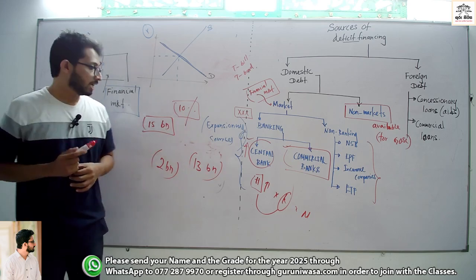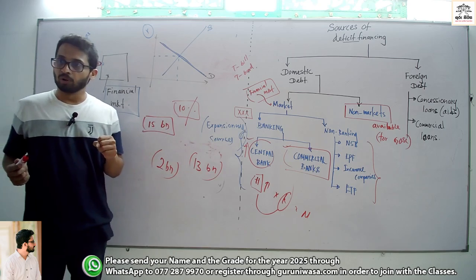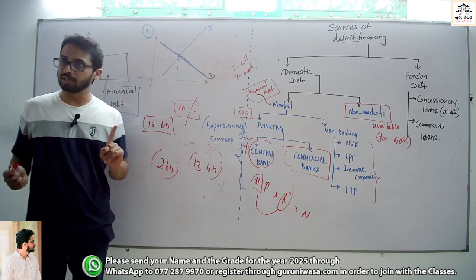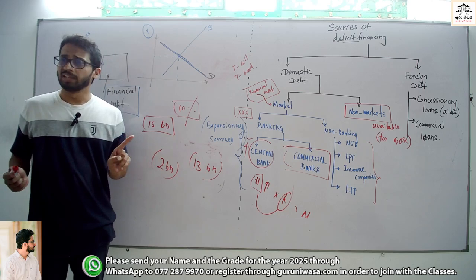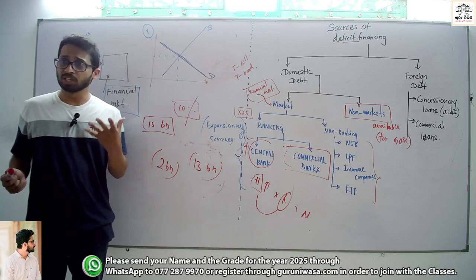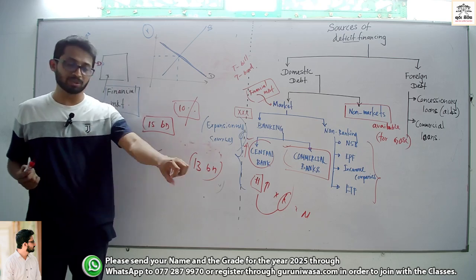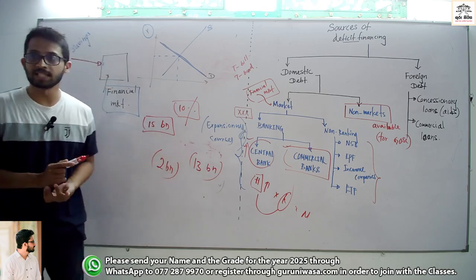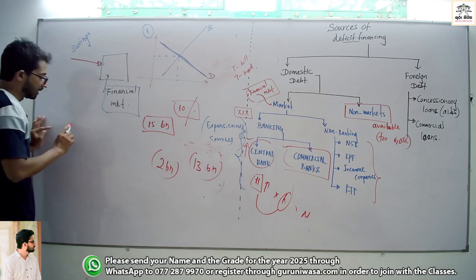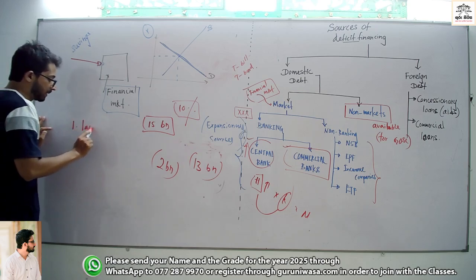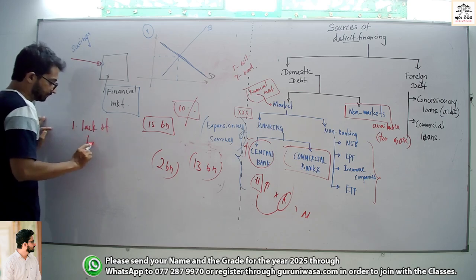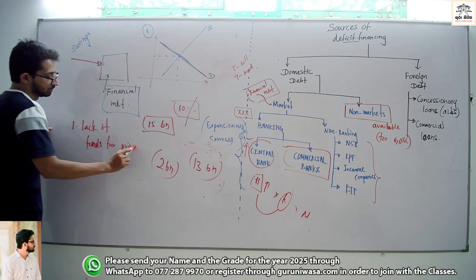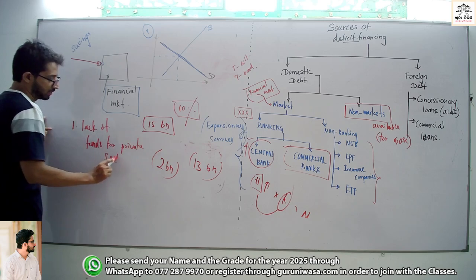Here, when the government borrows funds from the financial market, the first disadvantage for the private sector is that they have a lack of funds now. There are not many funds available for the private sector because the government takes more of the loanable funds. What is the first disadvantage? Lack of funds for the private sector.